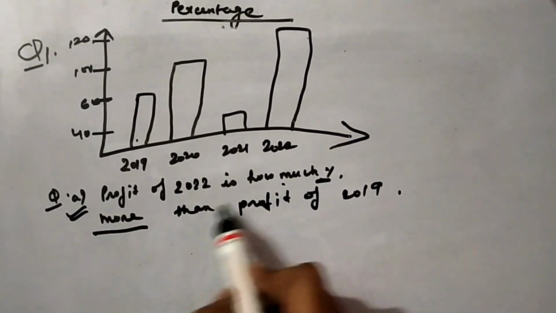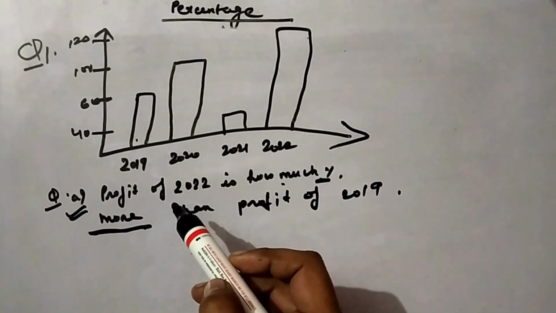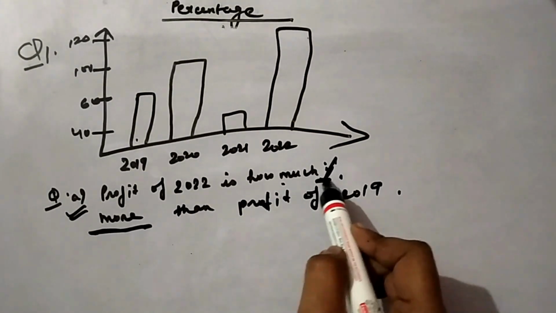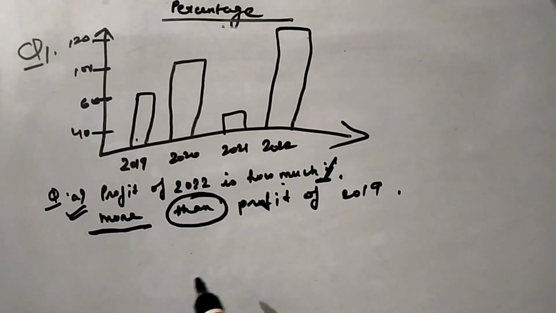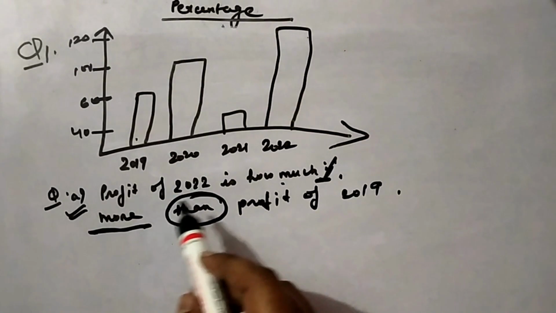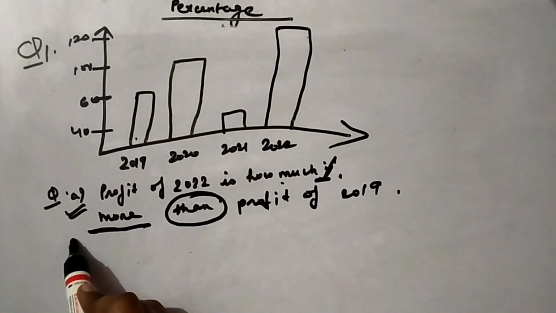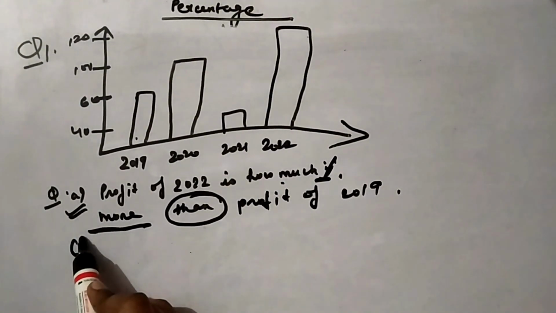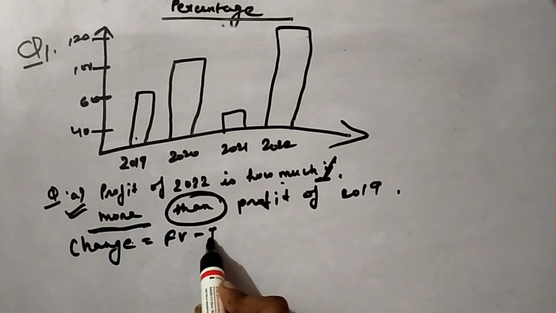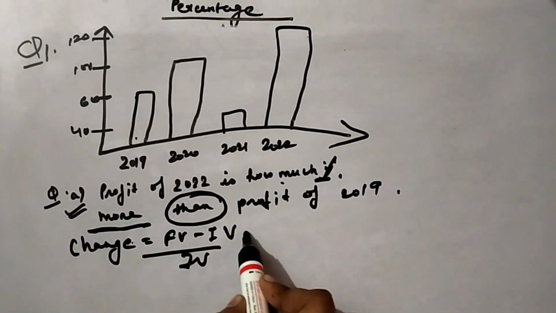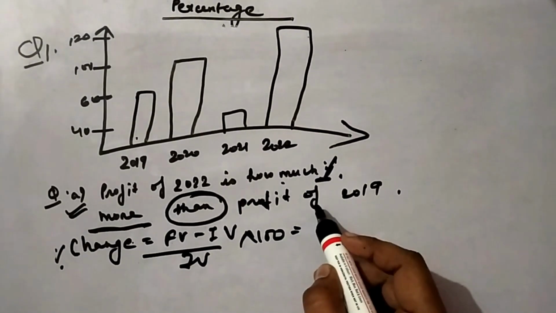So percent more, percent less, percent increment, wherever it asks percent of more profit, there we can apply, because it is comparing, there we will apply the concept of change. This is the percent of change formula. Substitute the value.